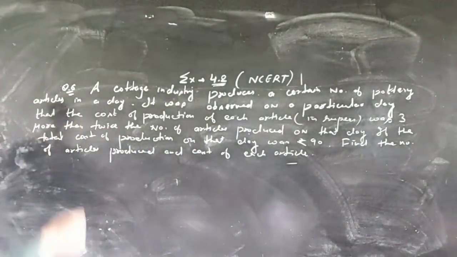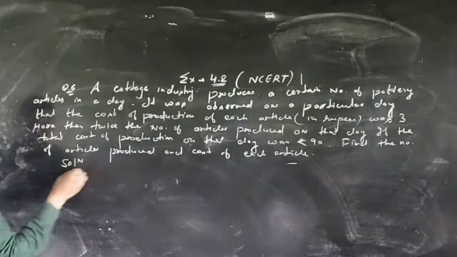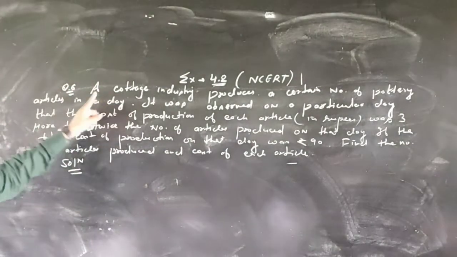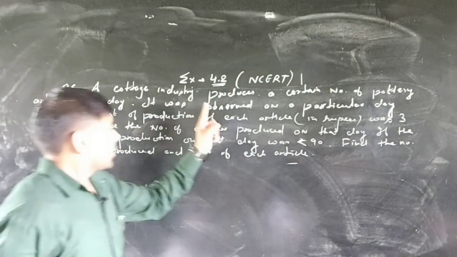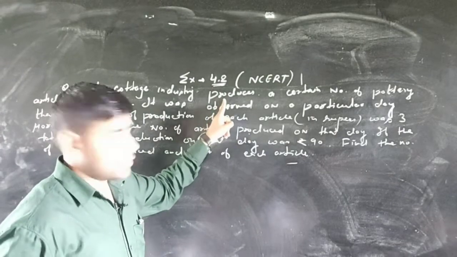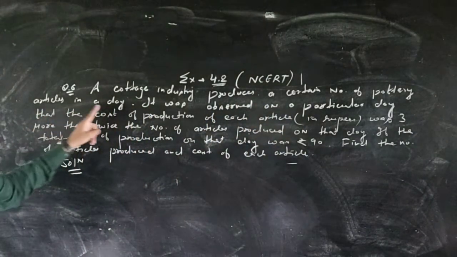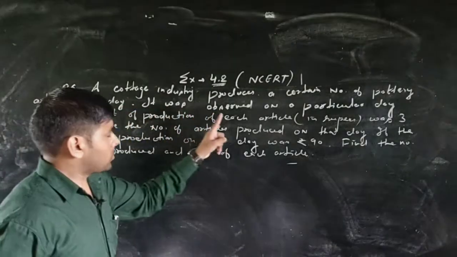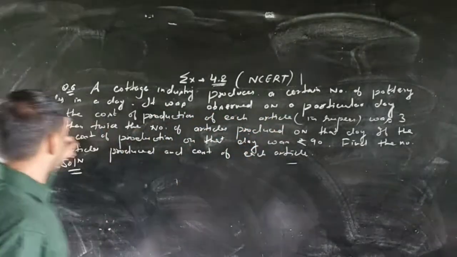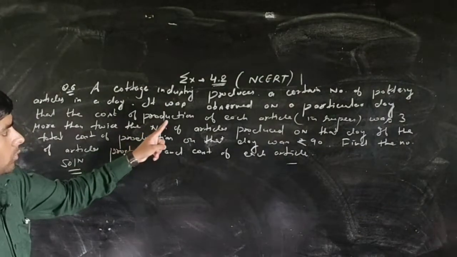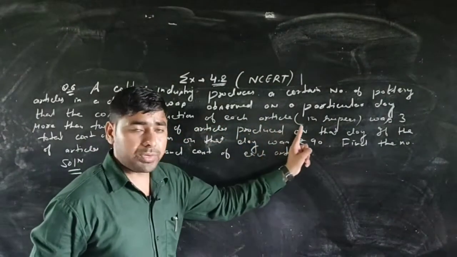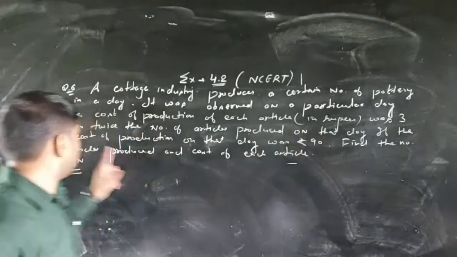Let's see the solution of this question. First of all, a cottage industry produces a certain number of pottery articles in a day. It was observed on a particular day that the cost of production of each article in rupees was 3 more than twice the number of articles produced on that day.